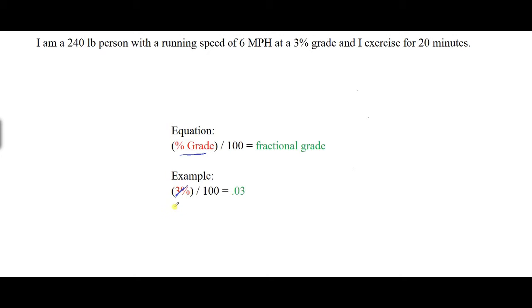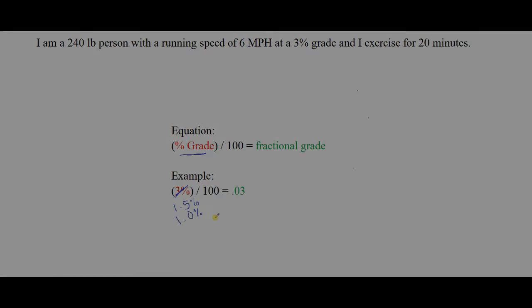So here you would have a 1.5 or a 1.0% grade, and that would account, theoretically at least, for the differences between more controlled indoor running and outdoor running. If you're going to be running on a track, most likely you'd be fine with 0%, just because the track is going to be flat.